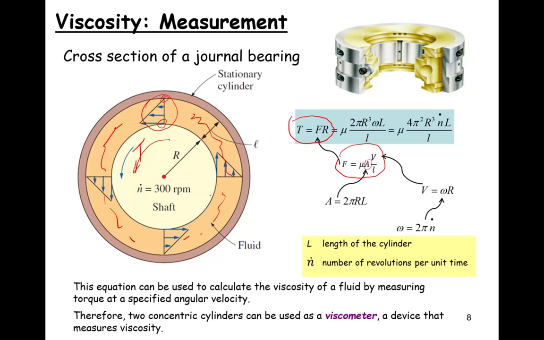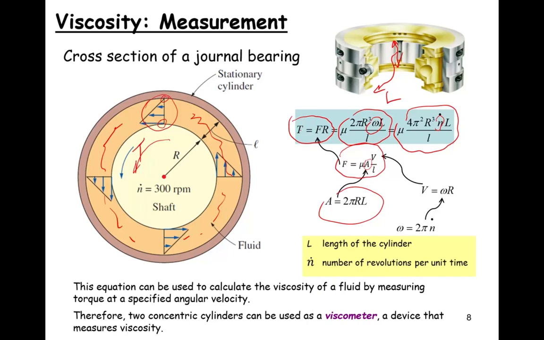The surface area would be the perimeter of this shaft, which is 2 pi r, times the length of the shaft, L. You put it in this equation, then you change the angular velocity to the number of rotations, and at the end you end up with an equation which enables you to estimate the torque.